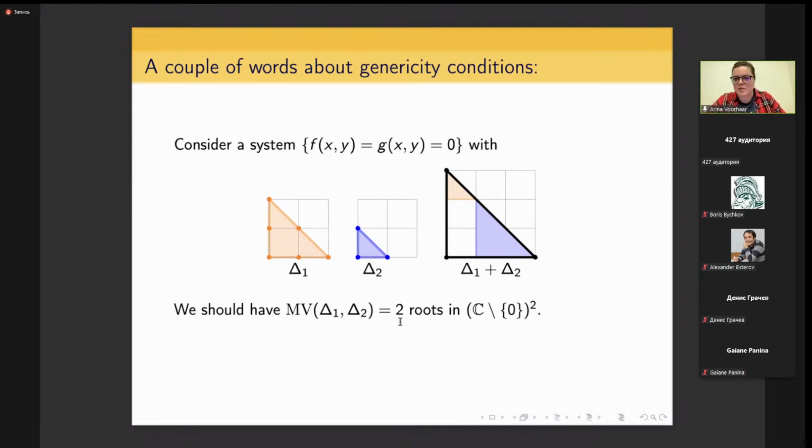What can happen is, for example, that your line turns out to be tangent to your conic at some point. This can be resolved by saying that you compute the roots with multiplicities, because in that case, it will be just one solution of multiplicity 2. So this is not the issue.